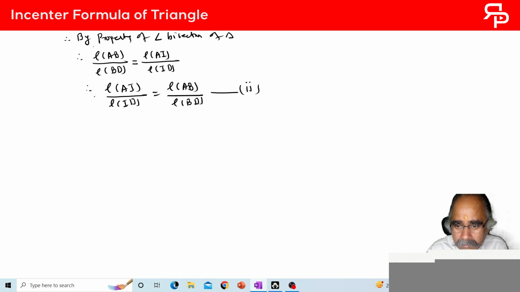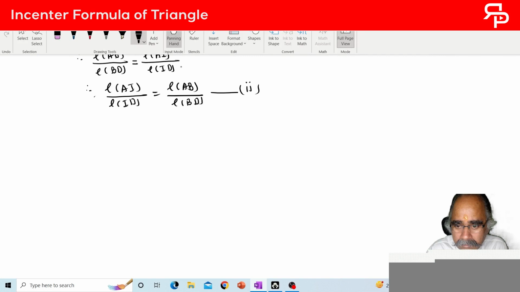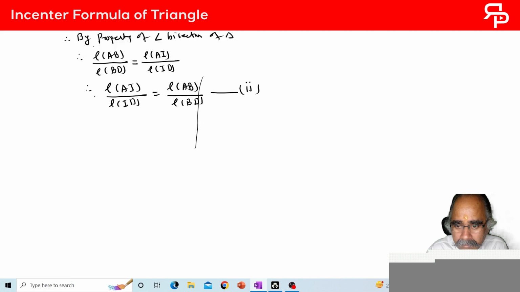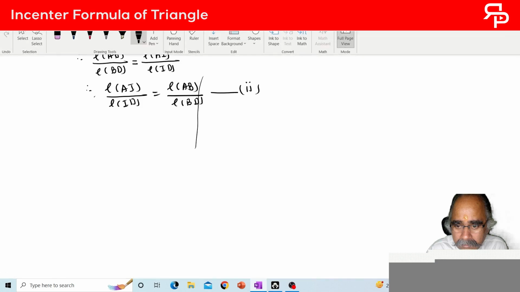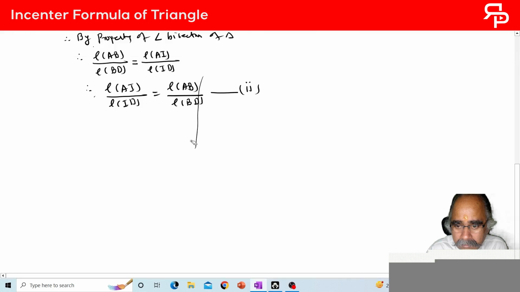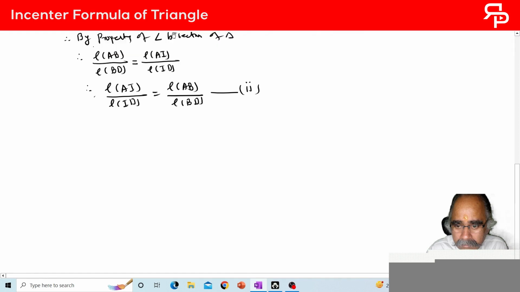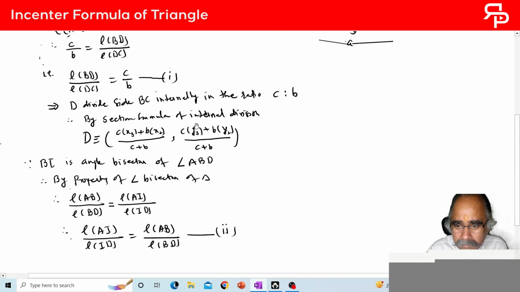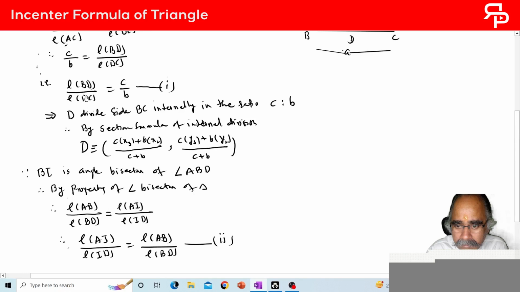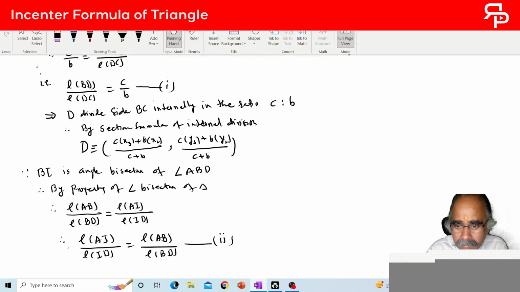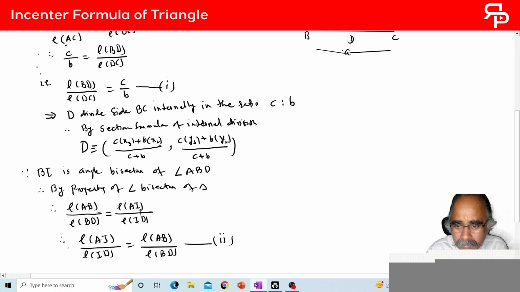One minute. Let me show you what is equation 1. This was equation 1. Length BD upon length DC is what? C upon B. So I'll use this.